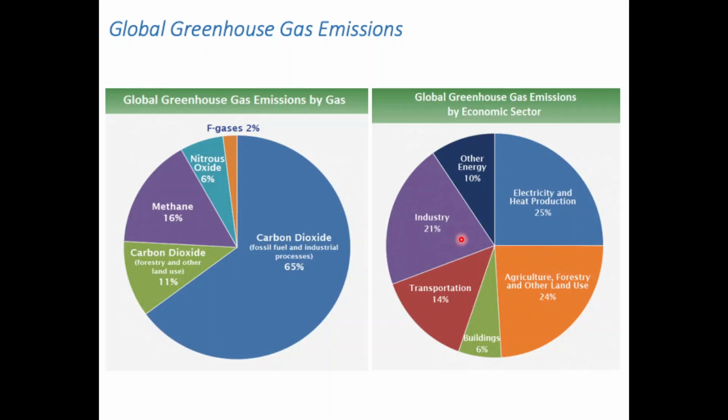Now, in terms of economic sector, where is it coming from? Generally speaking, we focus on electricity and transportation. But let's not forget agriculture, which is easily the second largest source of greenhouse gas emission.